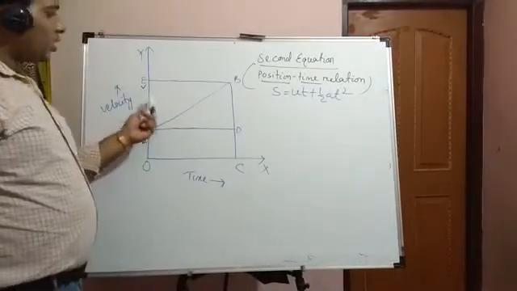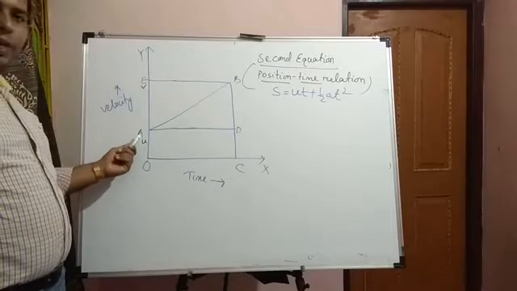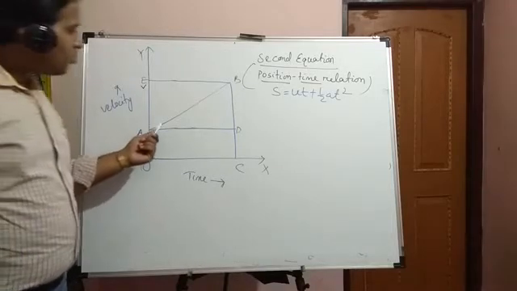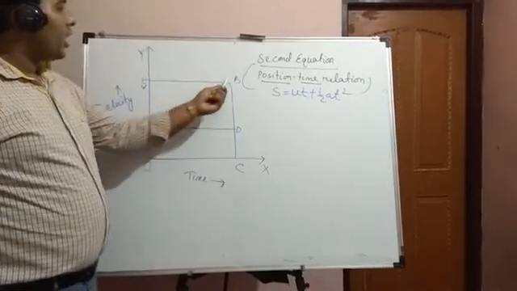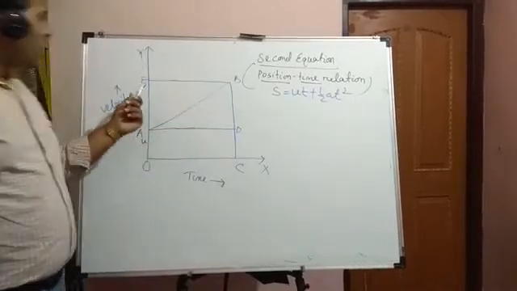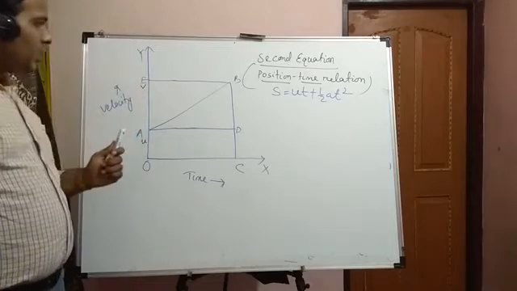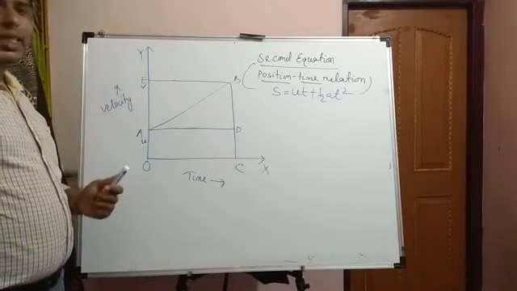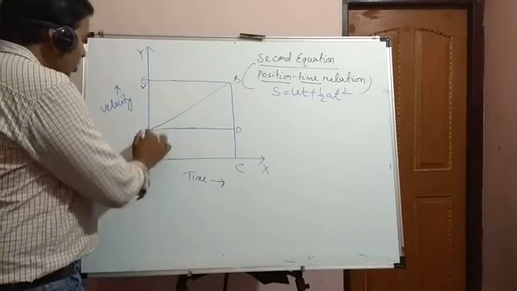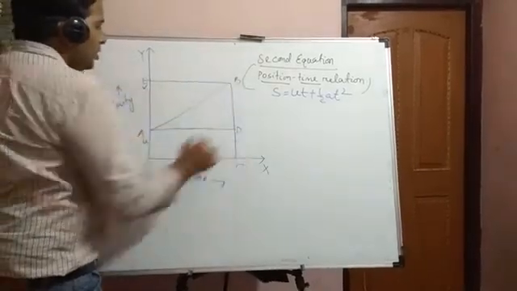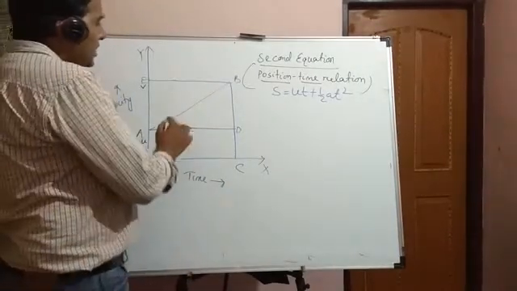So look at this graph. Here the vehicle started from point A and it is moving with uniform acceleration, so it is a straight line, and at B it covers a distance s, the final velocity is v and the time taken is t. Here OABC is a trapezium, and from this graph we can calculate the distance covered.